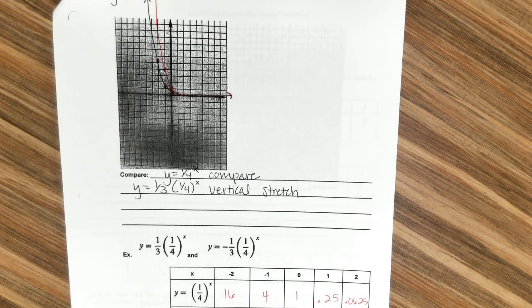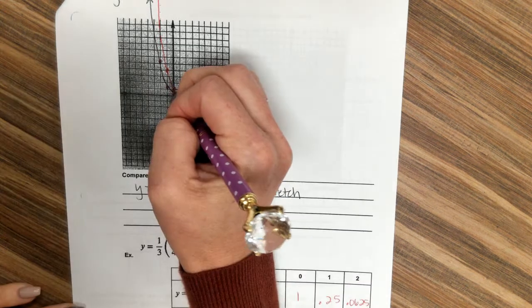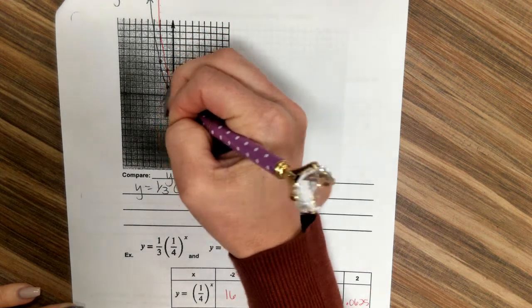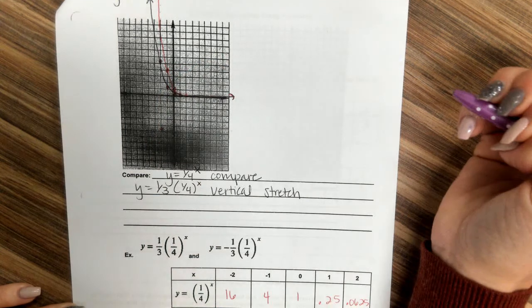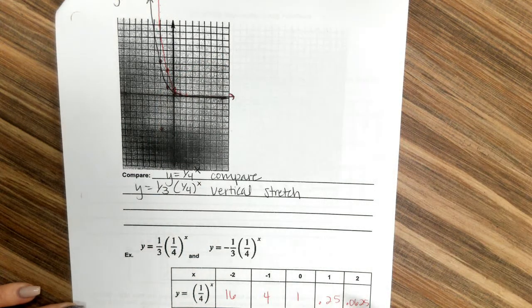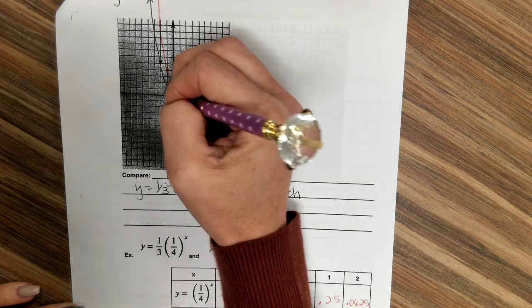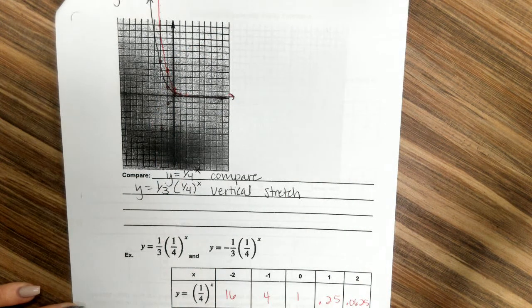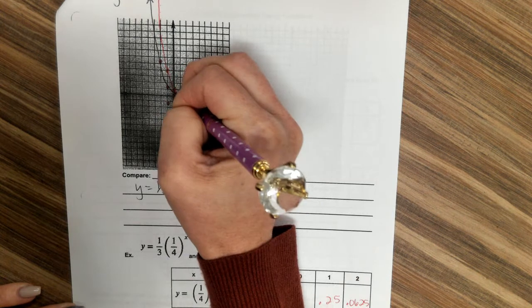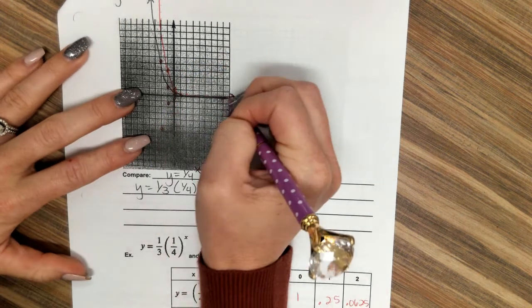Okay, now I'm going to do the other one. I'll do it in black as well. So I have negative 2, negative 5.3, negative 1, negative 1.3, 0, negative 0.3, and then it just starts to really hug that line.